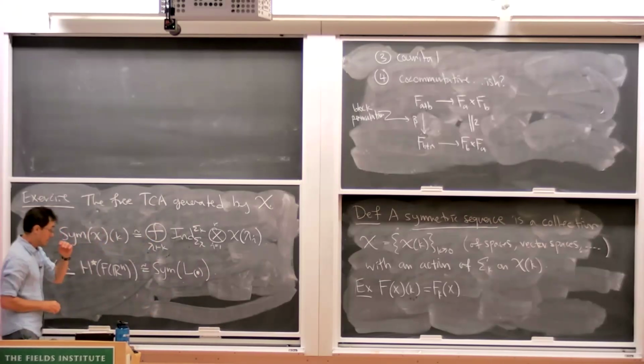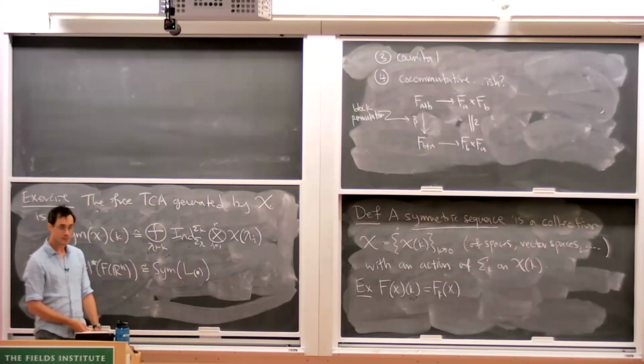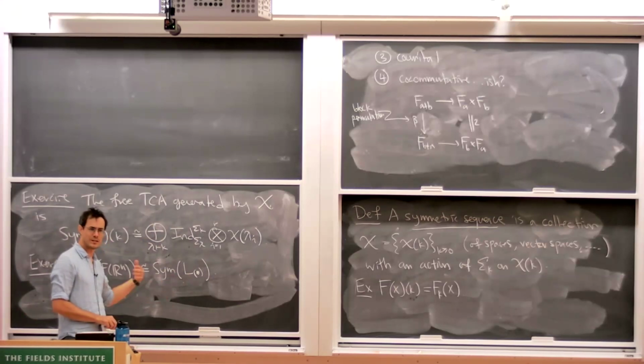Right. So the answer to the question, which twisted commutative algebra is the cohomology of configuration spaces of Euclidean space, is it's free. It's freely generated by this symmetric sequence, which isn't a new calculation from what we did yesterday, but it is somehow a satisfying one.